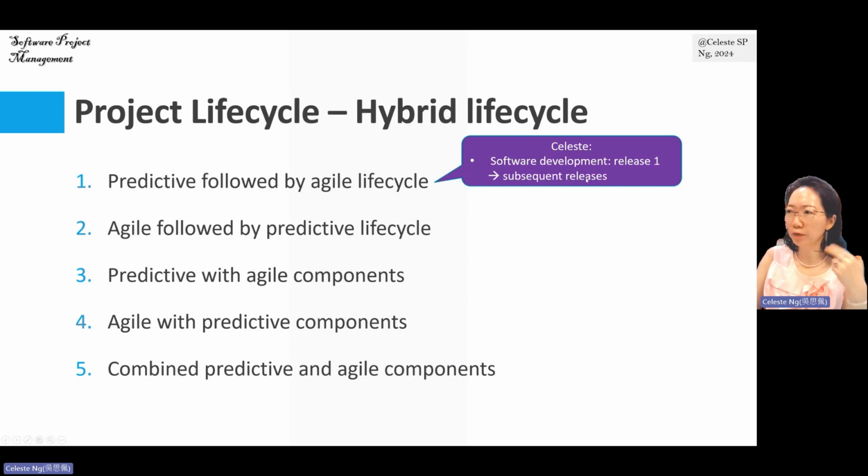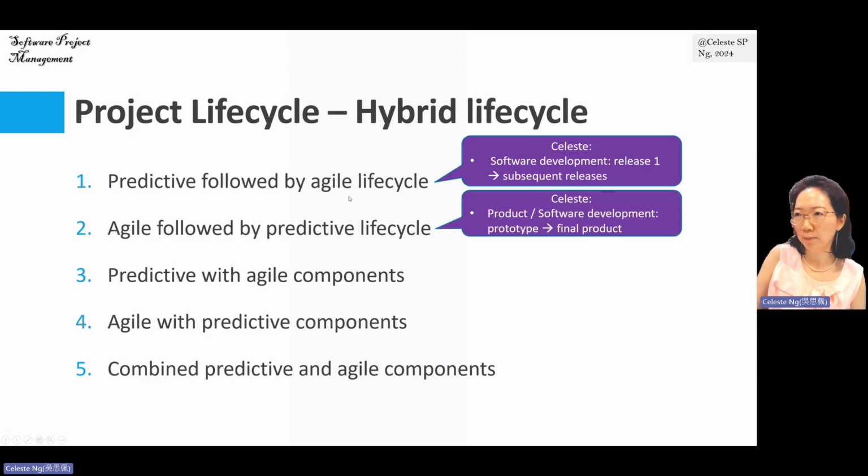And then for the subsequent releases, I make it agile, such that it is iterative and incremental. So we start from being predictive in my first release, plan driven, and then become more feedback driven and also iterative in my subsequent releases, right? That's what we mean by predictive followed by agile project lifecycle.